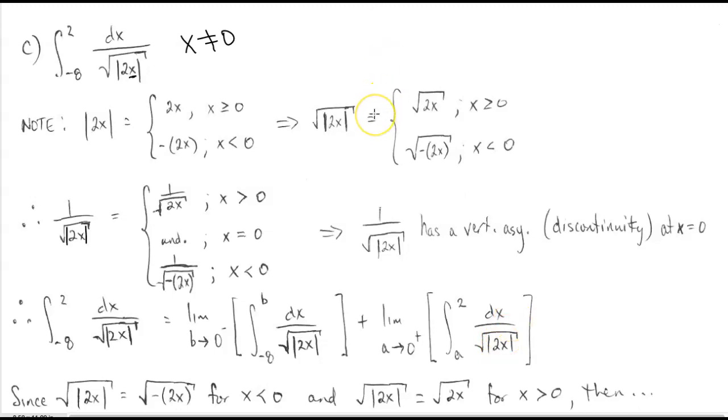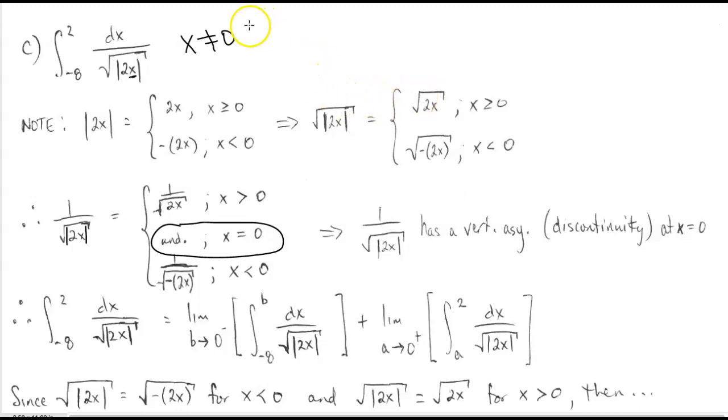Now, if we did the reciprocal of that, everything stays the same except that now notice that x equals 0 is definitely not in the domain of that function. Hence why we say that 1 over square root of absolute value of 2x when x is 0 is going to be undefined.